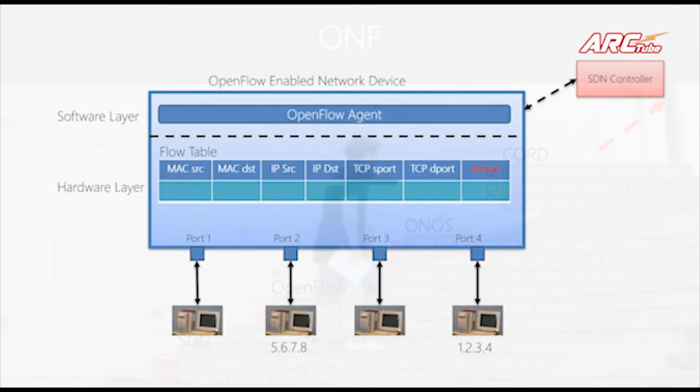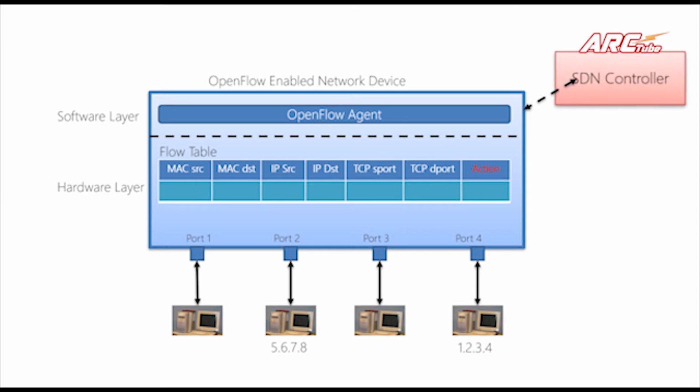Now, one of the key components of an SDN architecture is the SDN controller. If you go back to one of our previous knowledge sparks on SDN, if you can remember this picture, you understand that basically we are talking about two things in SDN. One is the network element. In this case, we are using an OpenFlow enabled network device, and multiple devices, of course.